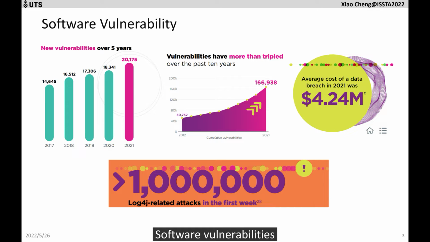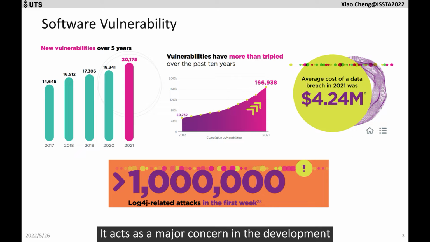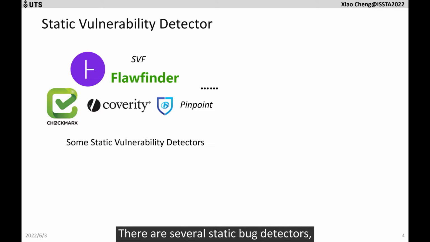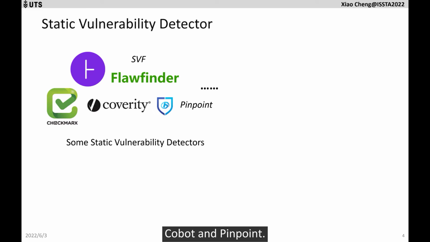Software vulnerabilities have been rising dramatically during the past few years. It acts as a major concern in the development of reliable modern software systems. There are several static bug detectors, including open-source analyzers like Infer, SVF, and Flowdroid, and also some commercial tools like Checkmarx, Coverity, Coba, and Pinpoint.